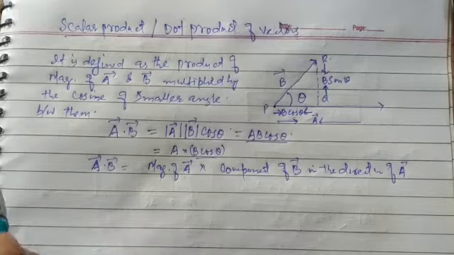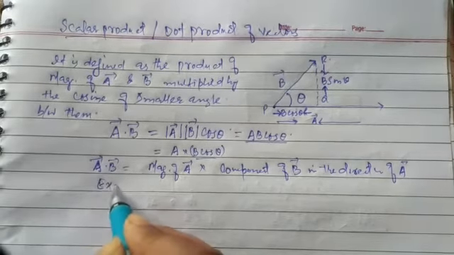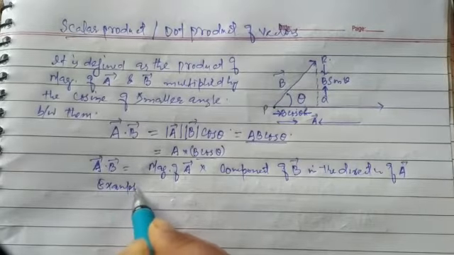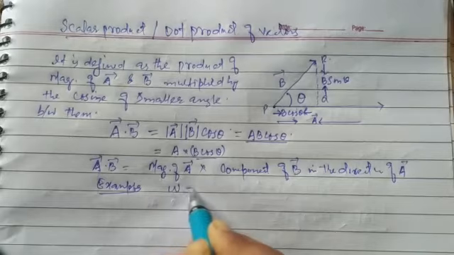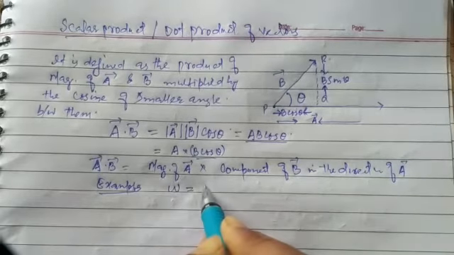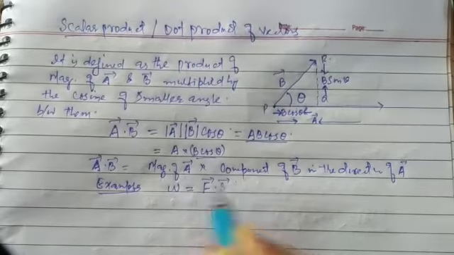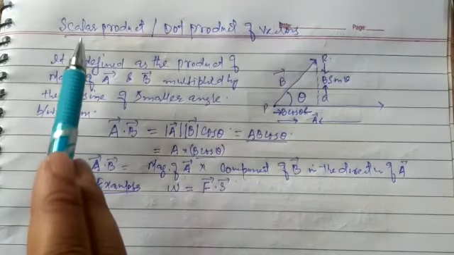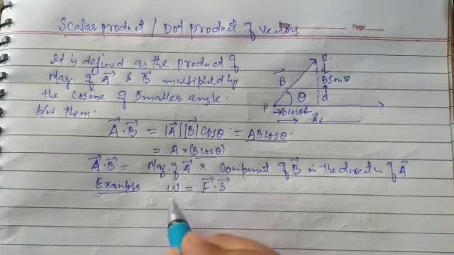Now we will look at some examples of this dot product. Like we have read, work is equal to F dot S. Write it down under the heading scalar or dot product. Once we take the dot product of two vectors, the resulting quantity is a scalar quantity.